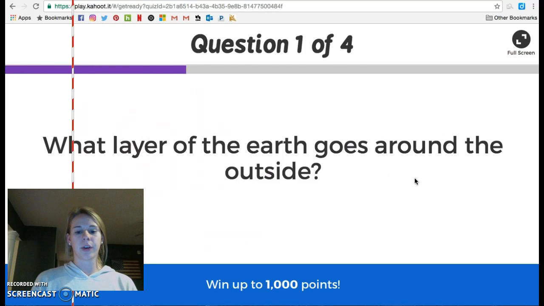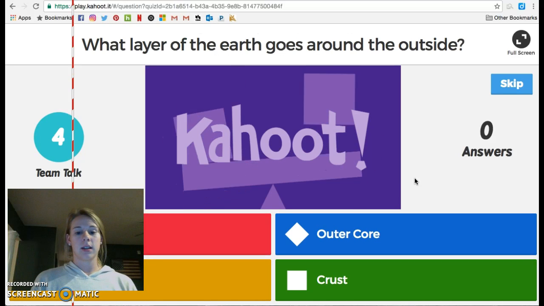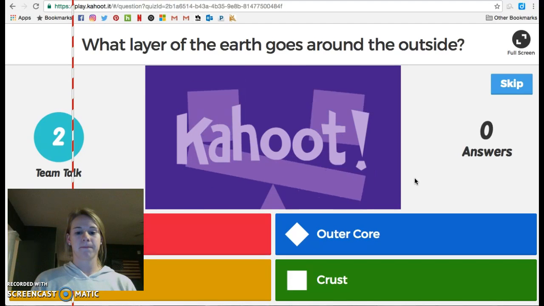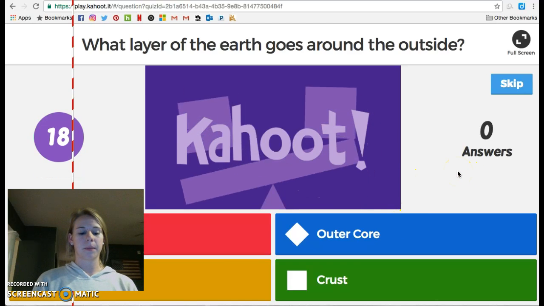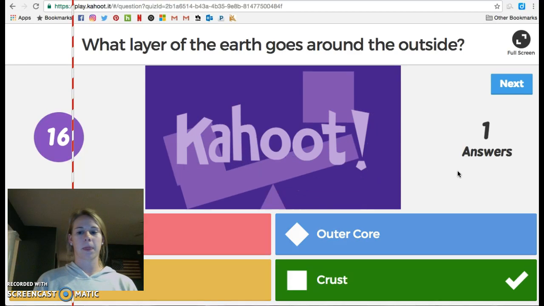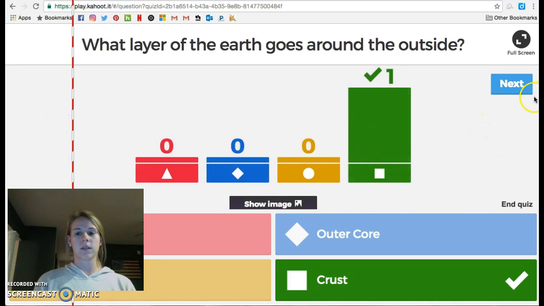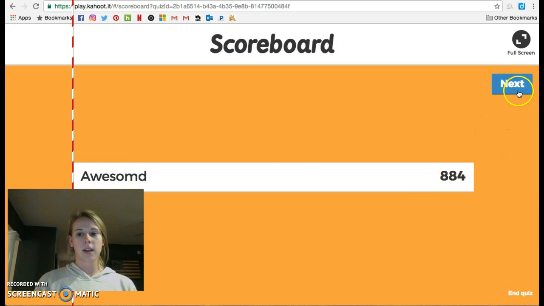What layer of the earth goes around the outside? What do we think? All right, looks like the answers are in. And everyone got it right. It's the crust. Good job. All right, we'll do one more question on here real quick.